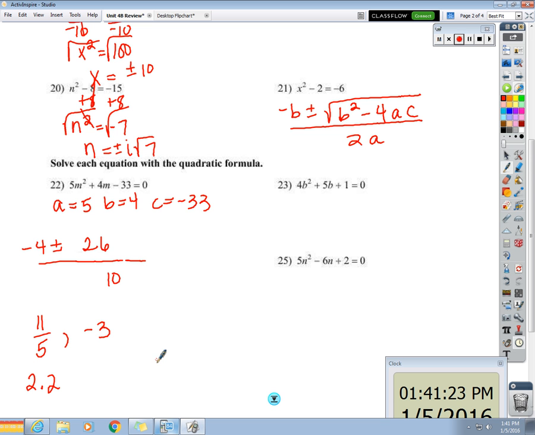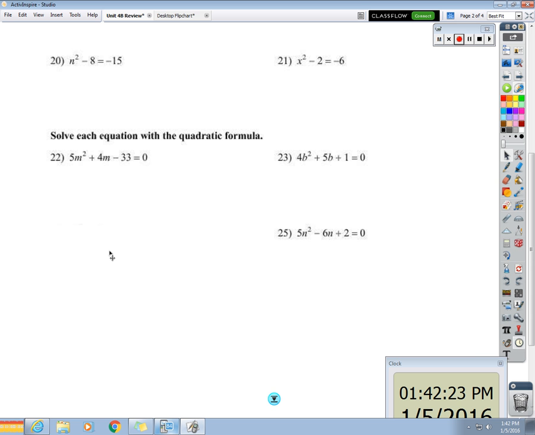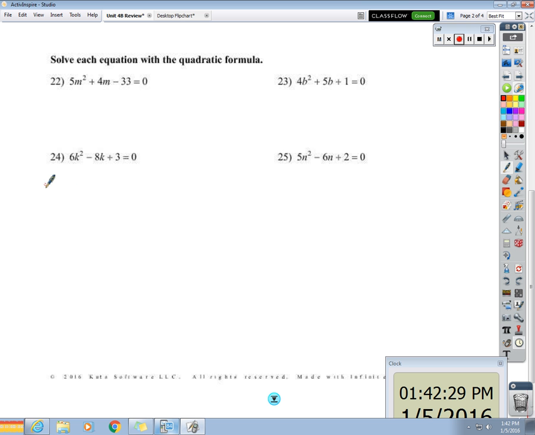Okay, number 24. I'll give you a second to copy this. Okay, number 24. We're also using the quadratic formula for this one because we can't factor it. So what's the A? 6. What's the B? And what's the C?